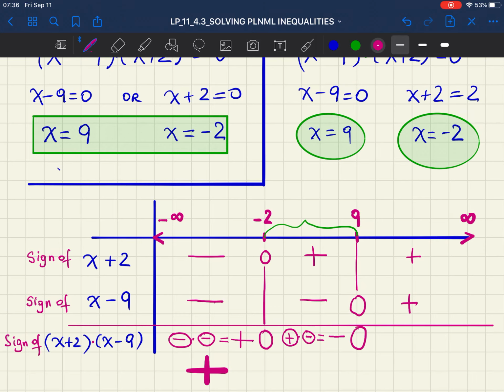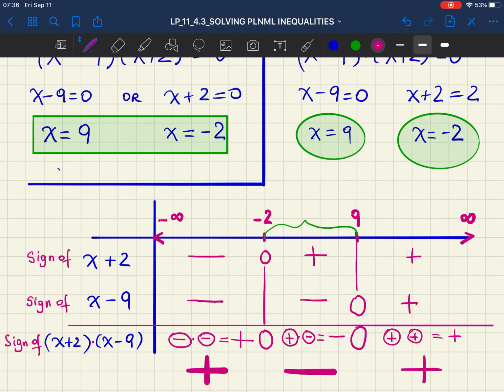And a positive times a negative will give a negative. So we'll say that we'll have a negative sign here. And last but not least, for all the x values between 9 and infinity, we have positive values for x plus 2, positive values for x minus 9, so the product will be positive. So we'll say that the product here is positive.